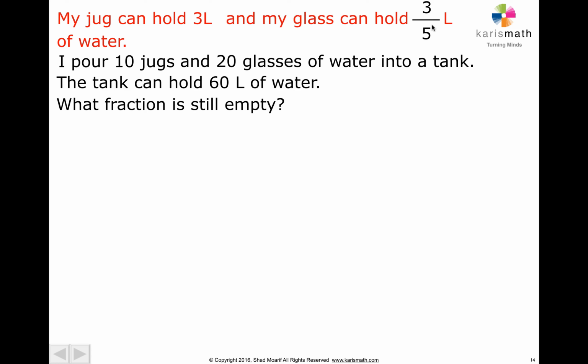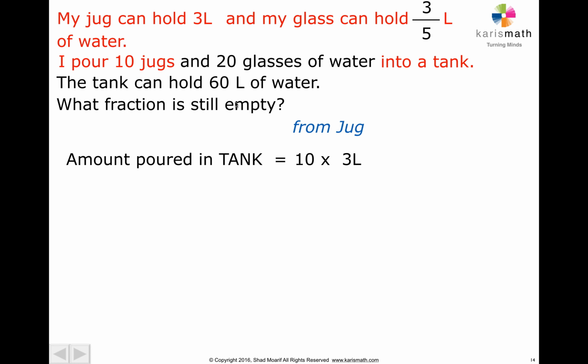So we know that this is what goes inside the tank: 10 jugs and 20 glasses of water. So the amount poured in the tank is, from the jug, 10 times 3 liters, and with the glass, 20 times 3/5 liters.